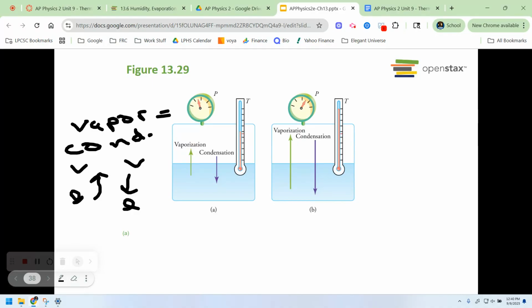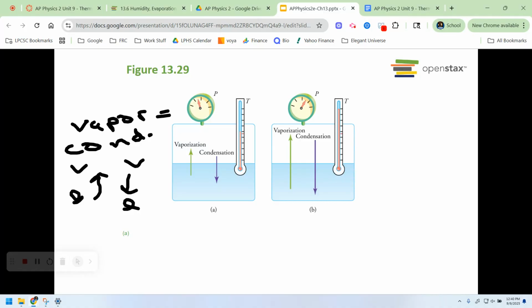And then in B, at a higher temperature, the boiling rate is faster, and the rate at which the molecules leave the liquid and enter the gas is also faster. Because there are more molecules in the gas, the pressure is higher, and the rate at which the gas molecules condense and enter the liquid is faster.